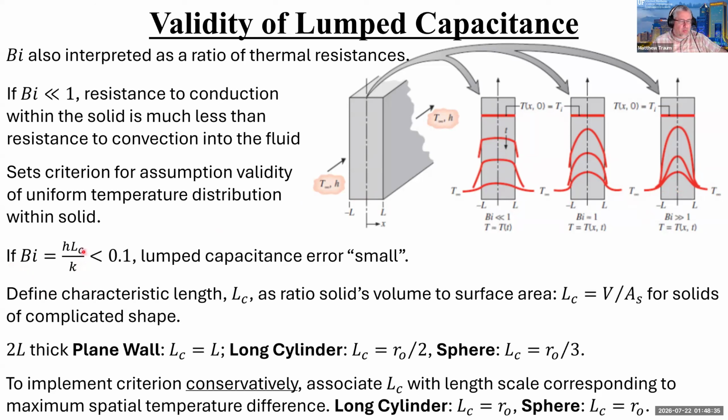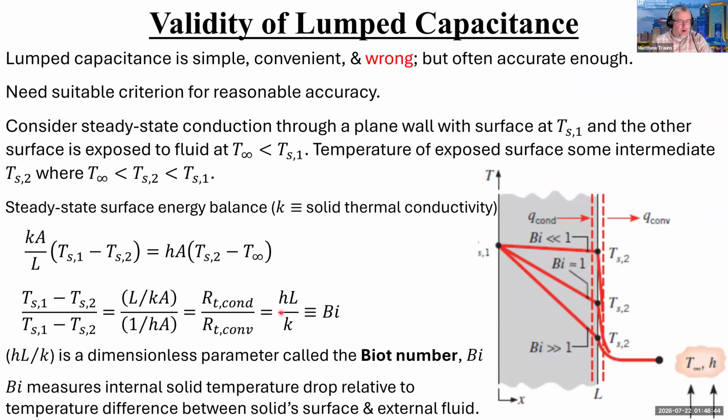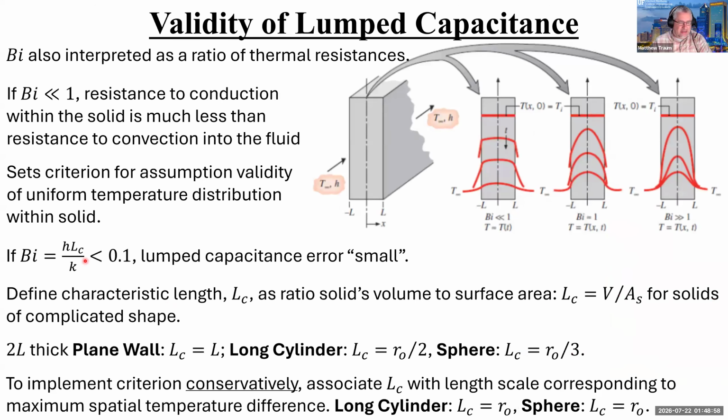So there's one mystery that remains, which is what is this L sub C? When we looked at the Biot number before, it was just L, right, which is the length of heat transfer, or the length of the thickness that facilitates conductive heat transfer inside the object. So what is this C?